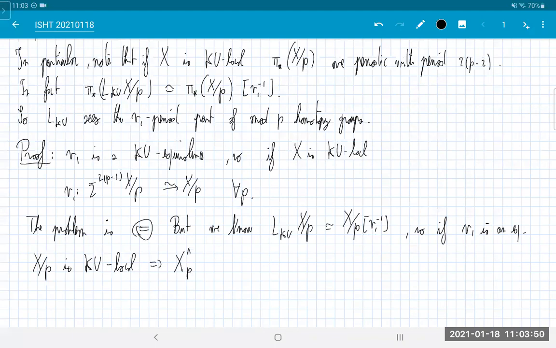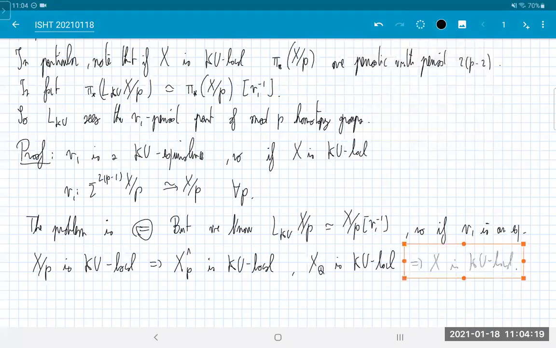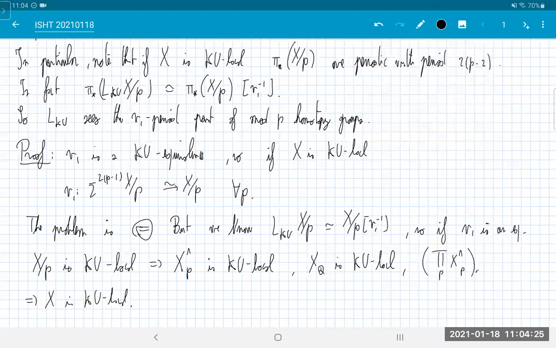Therefore, by the lemma we have seen, the p-completion of X is KU local. And X_Q is also KU local by that lemma we have seen, and so X is KU local. We also have the adelic part, which is rational, and this is KU local, because rational spectra we have seen are always KU local.